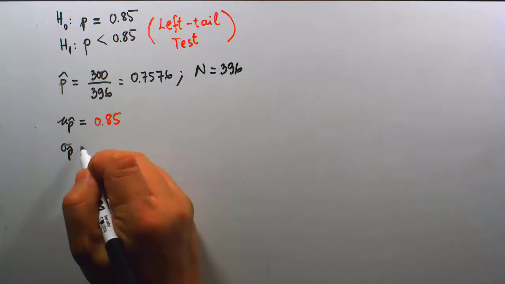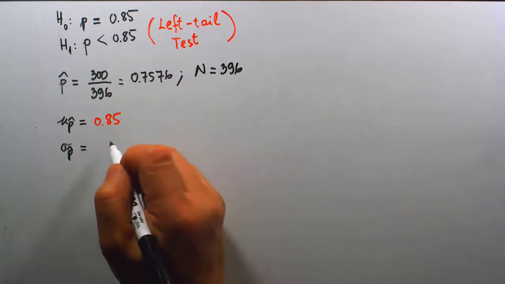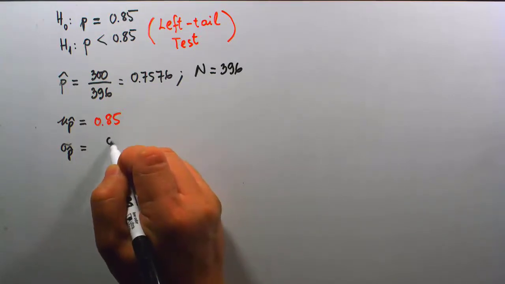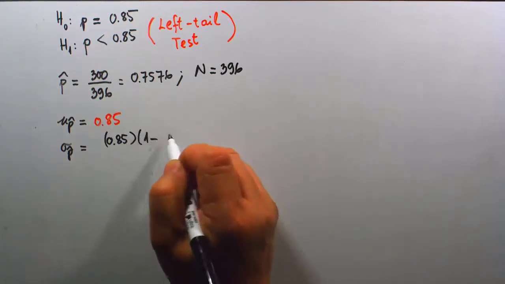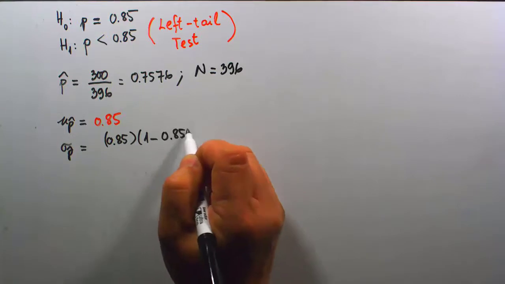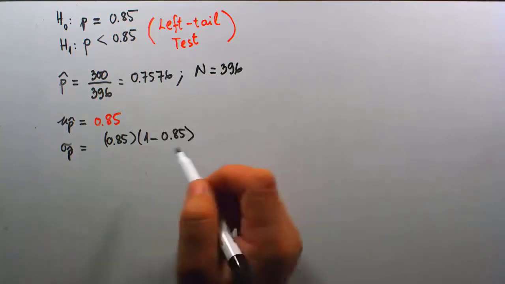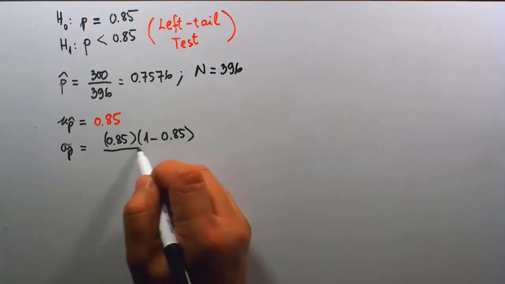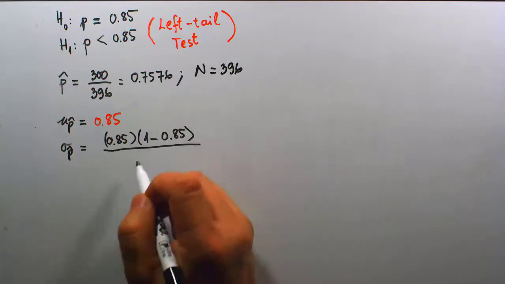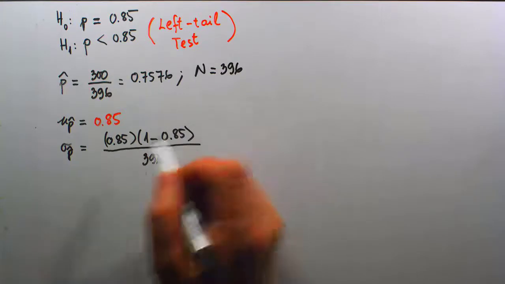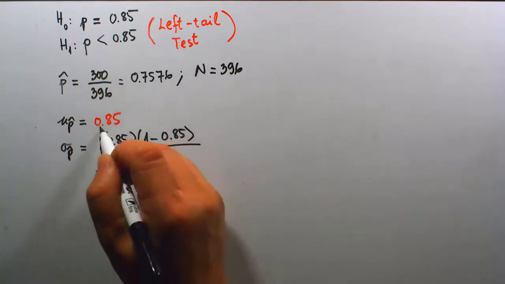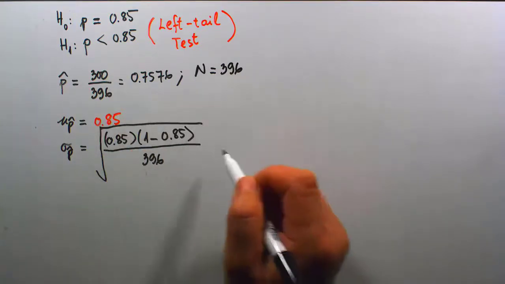And our sigma p hat can be calculated by 0.85 times 1 minus 0.85, and this formula came out of the central limit theorem that we previously learned, divided by the sample size 396. This quotient is to be put inside a square root.